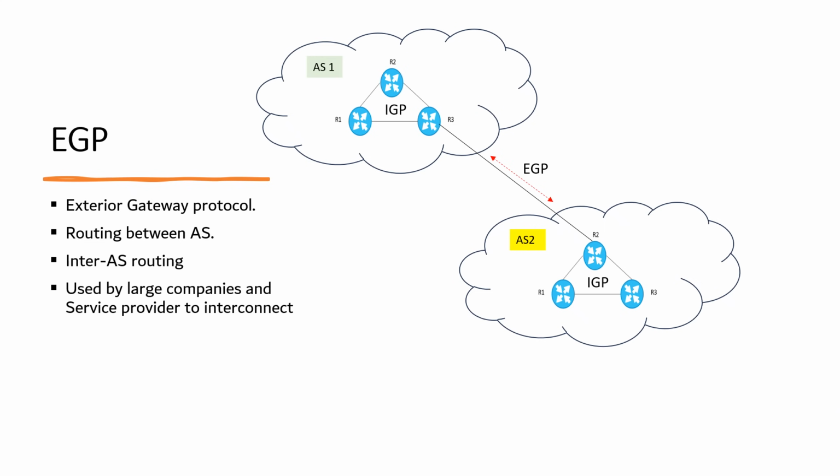Service providers and large companies may interconnect using an exterior gateway protocol. Exterior gateway protocol includes only one protocol, that is BGP, also known as Border Gateway Protocol, which is the only currently viable EGP and is the official routing protocol used by the Internet.